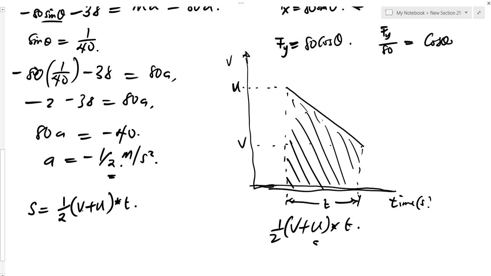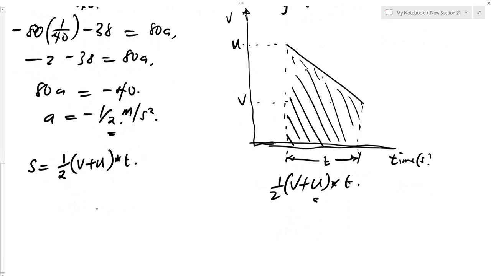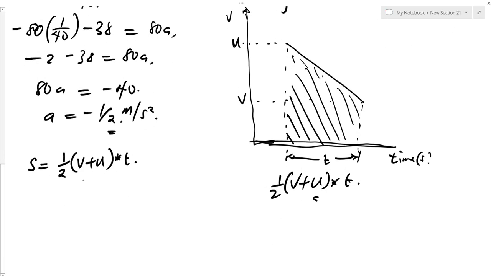So in general, it comes to the realization that it is the average velocity times the time. Now, from this graph also, there is a slope, and the slope is a deceleration.